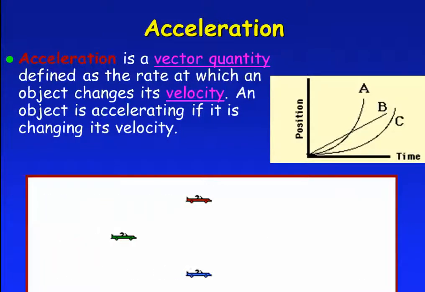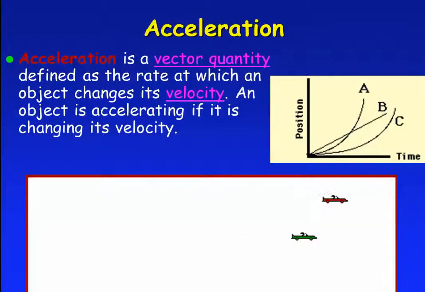Okay, so once again, acceleration and velocity are both vectors, and acceleration is a vector in the sense that it's positive or negative, and it's the rate at which an object changes its velocity. I just might mention at this point that since acceleration is a change in velocity divided by time, anytime you're changing the velocity, you're accelerating.